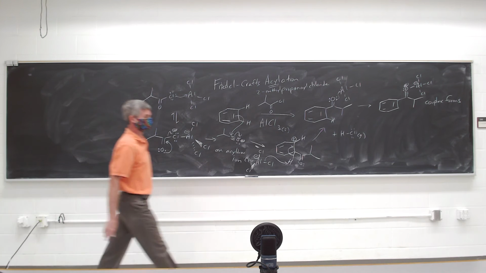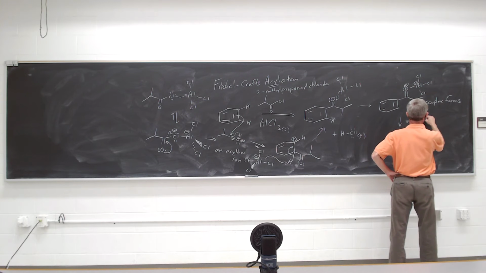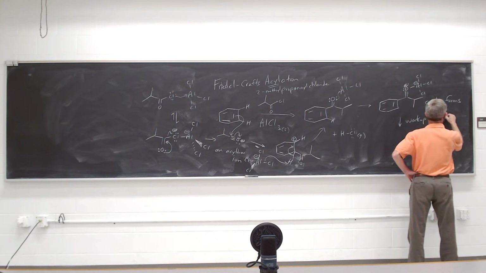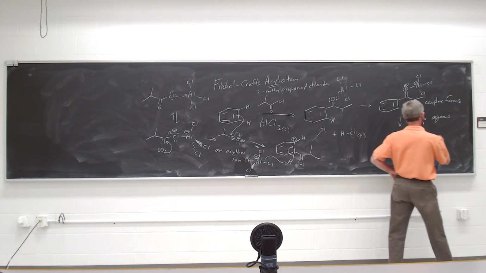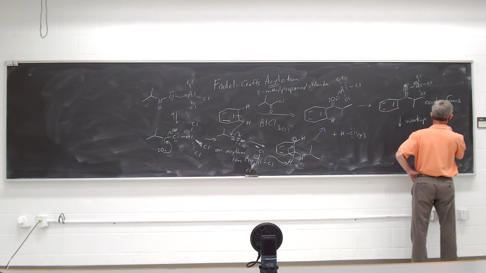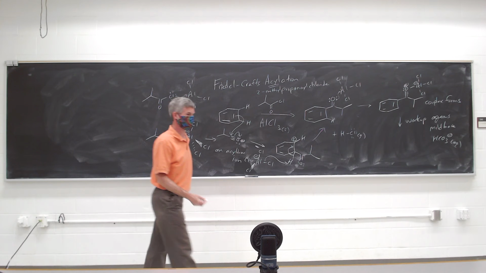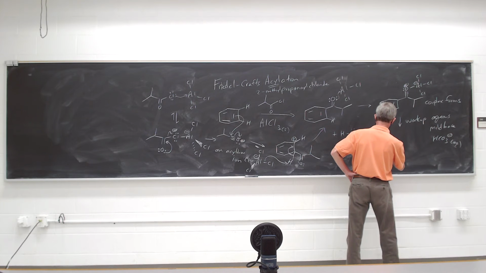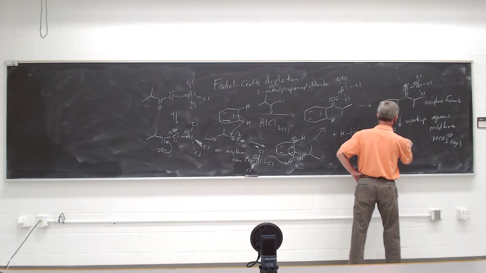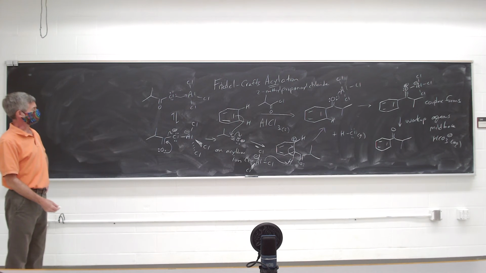And after acid workup, I keep saying acid workup, but I don't mean acid workup, I mean basic workup. Usually bicarbonate, or something like that. That's going to quench the HCl. We'll break that complex and generate the product. So that's Friedel Crafts acylation.